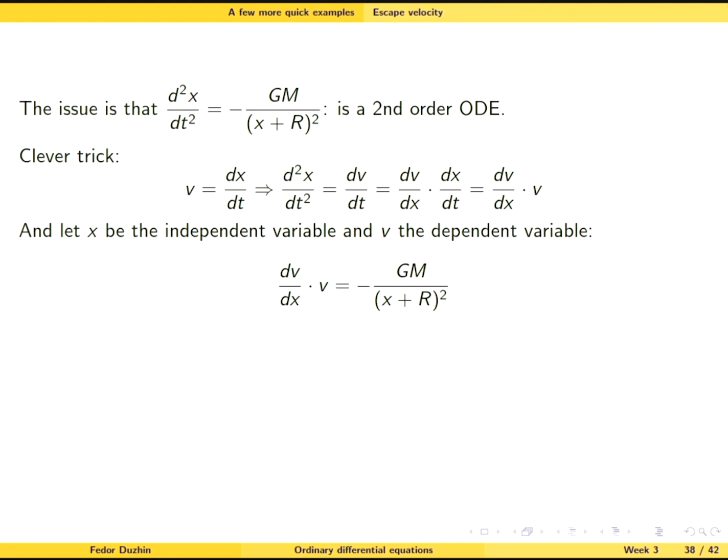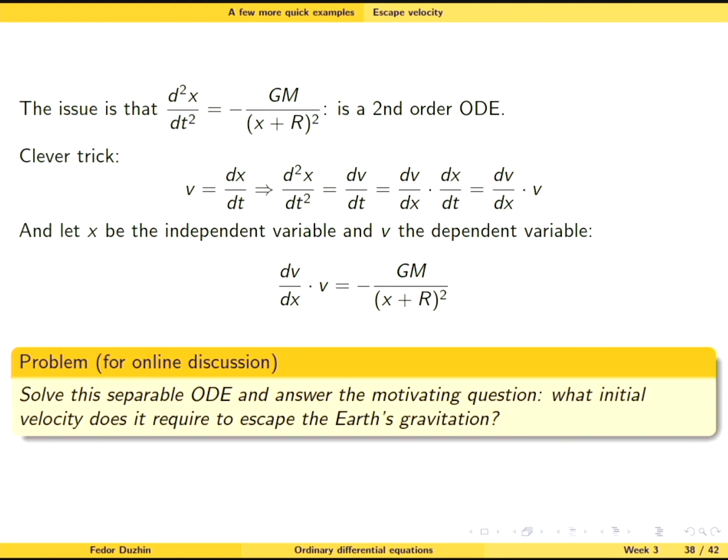In other words, this trick would allow us to transform any autonomous second-order differential equation to a non-autonomous first-order differential equation. Well, but then if you look at it carefully, you will notice that this is a separable differential equation, and I challenge you to solve it and to answer this question: what initial velocity does it require to escape the Earth's gravitation? And of course, then you can check if your calculations are correct by just googling escape velocity.